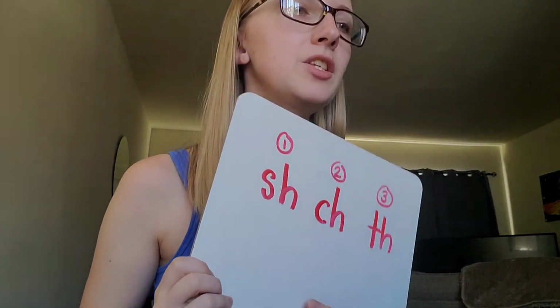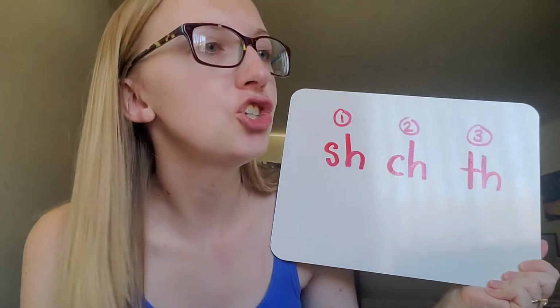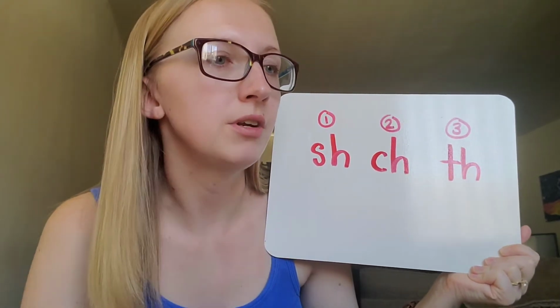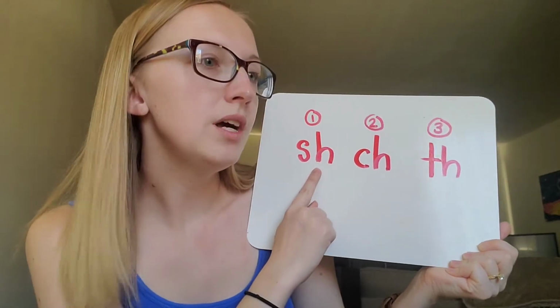Let's stretch out the word this. This. All right, one more. This word is shock. Shock. What sound do you hear? 1, 2, or 3? Shock. Sound 1. Sh, sh, sh. Let's stretch that word. Sh, ah, shock.